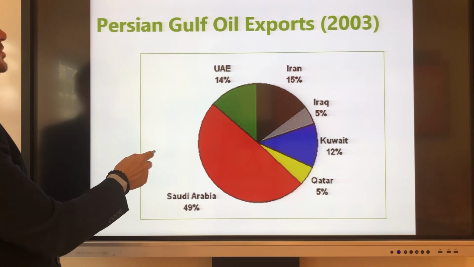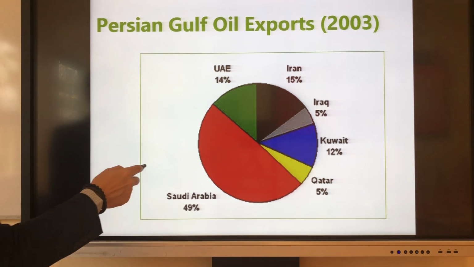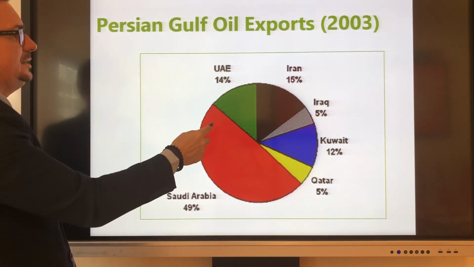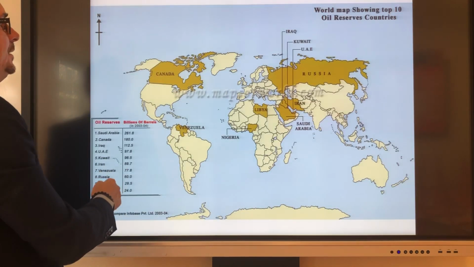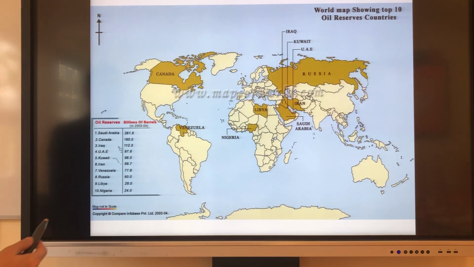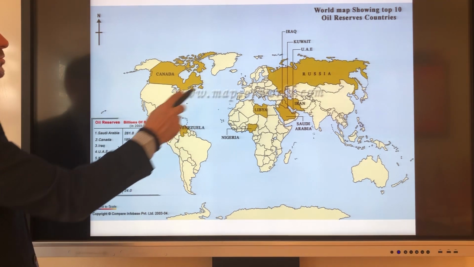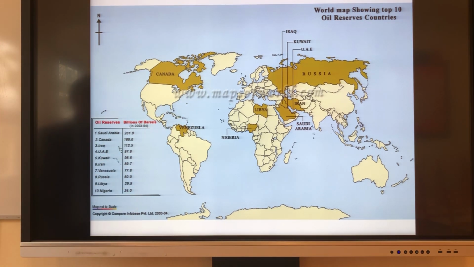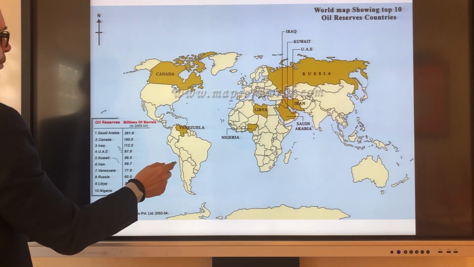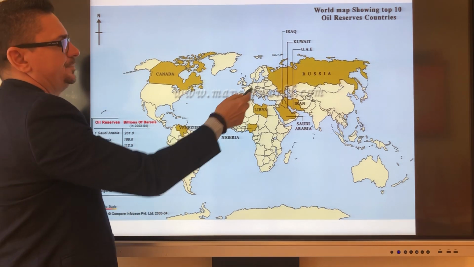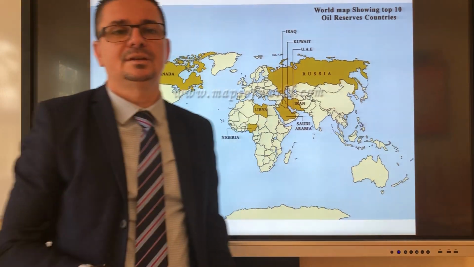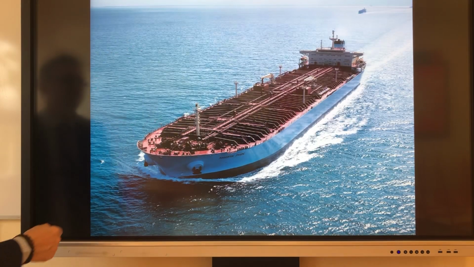So the Persian Gulf oil exports, as you can see, were gigantic, even during the last 10 or 20 years. If you stop the video, you can check the biggest oil reserves in different countries all over the world. As you can see, Hungary is not a significant place from this point of view.